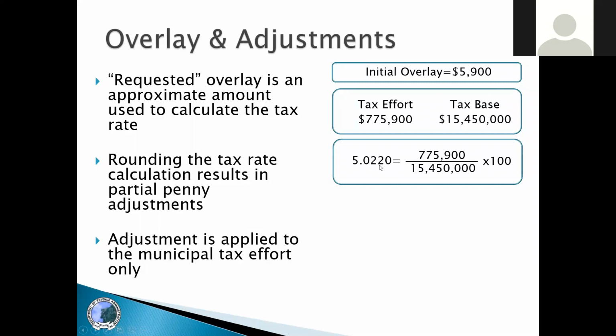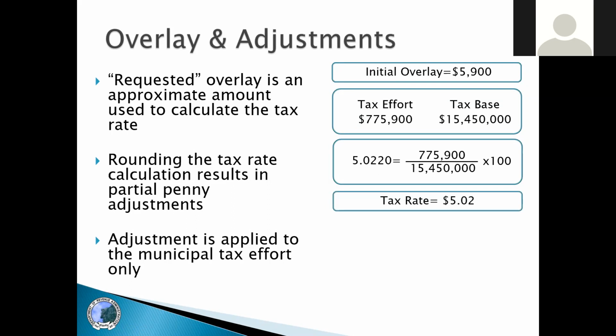The problem when you're talking about calculations that use millions or billions is that when you remove this fractional penny, it actually ends up being some recognizable amount of money that's not just fractional pennies when you multiply this back out. So what we'll do is reverse the equation, and we'll say here we have a tax rate of $5.02.